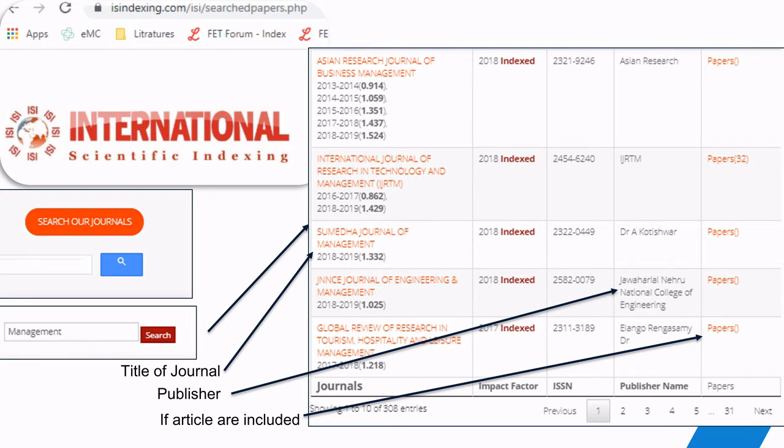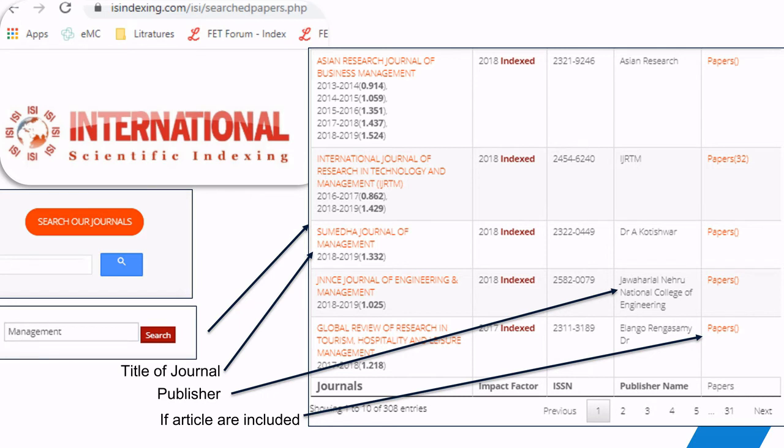Now let's say we want to get a list of journals on the subject of management which are indexed in ISI. As I have mentioned, indexation of a journal in ISI and other indexes reflects the quality of the journal. What is the quality of a journal? We should discuss that separately sometime later.